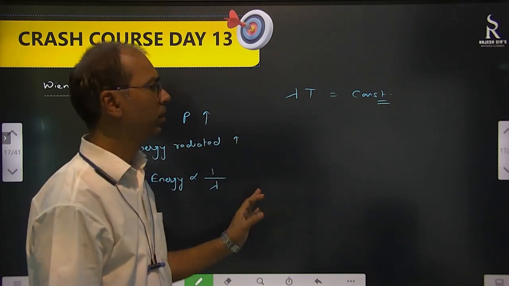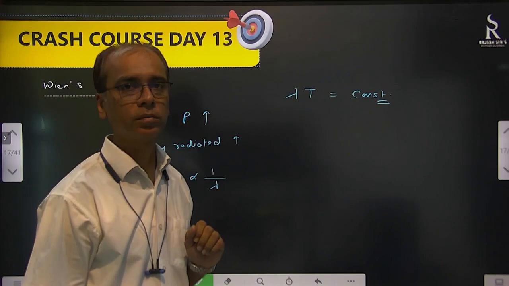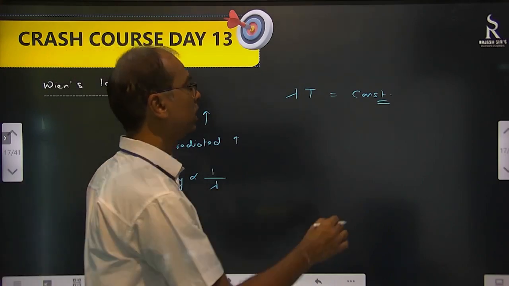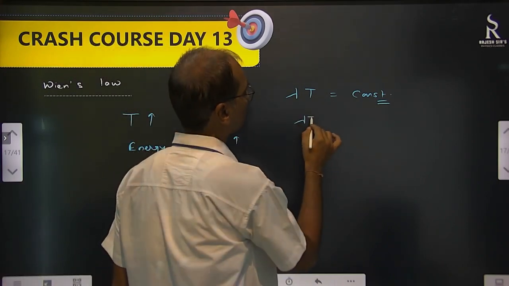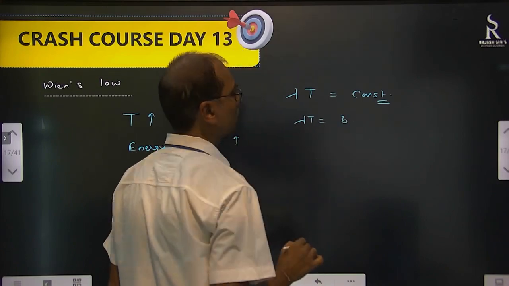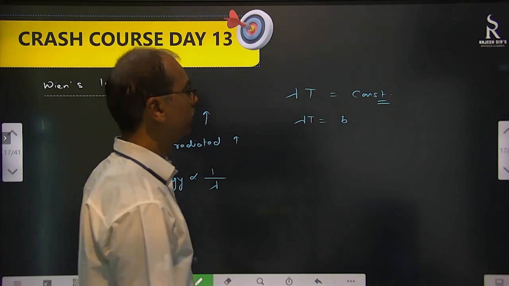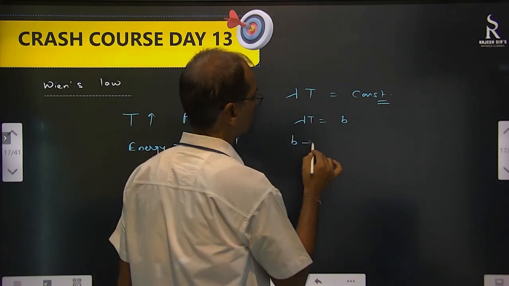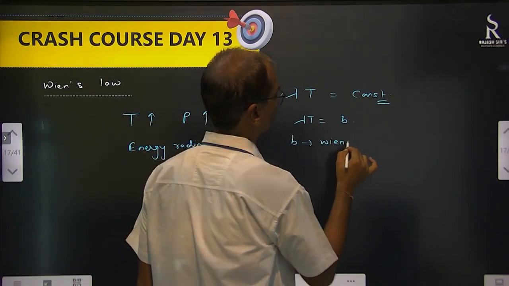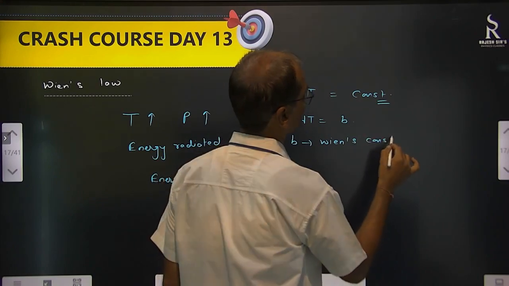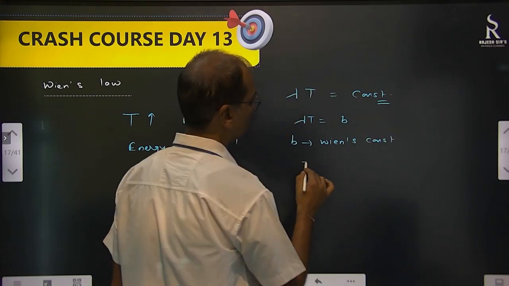At different temperatures, obviously lambda will be different. So lambda T equals constant, and this constant is B, and B is called Wien's constant.